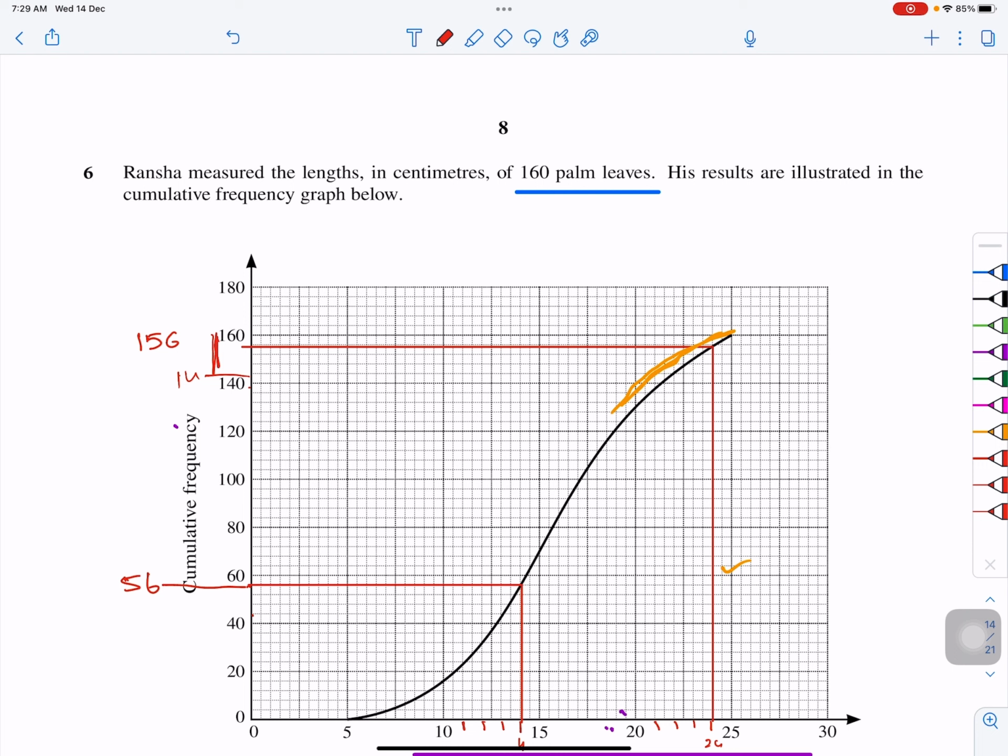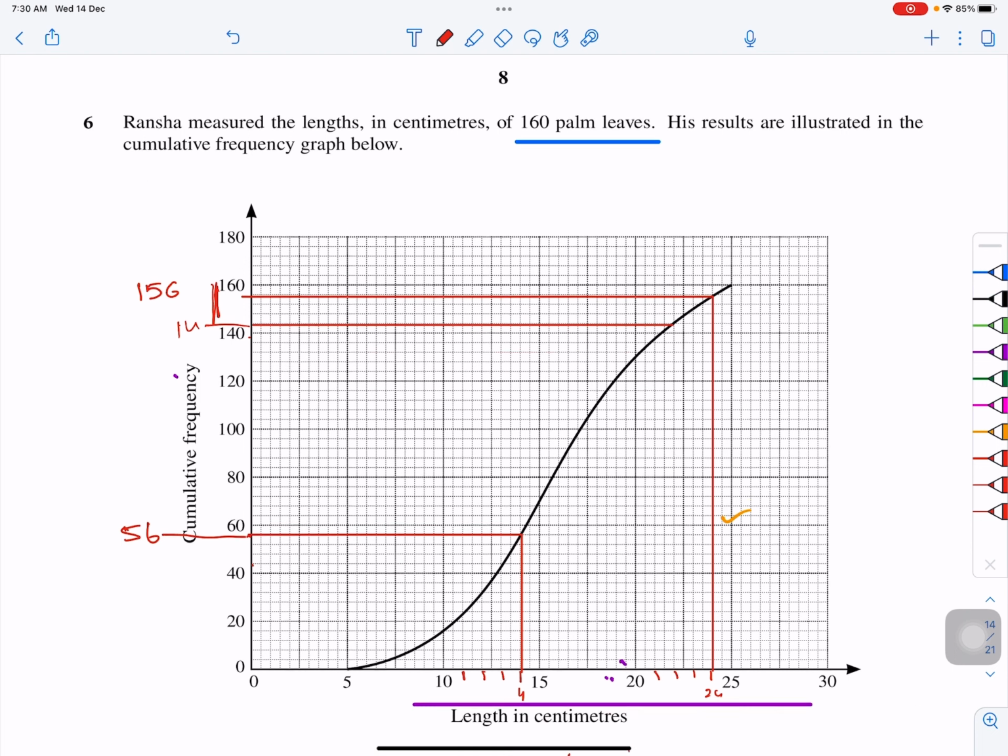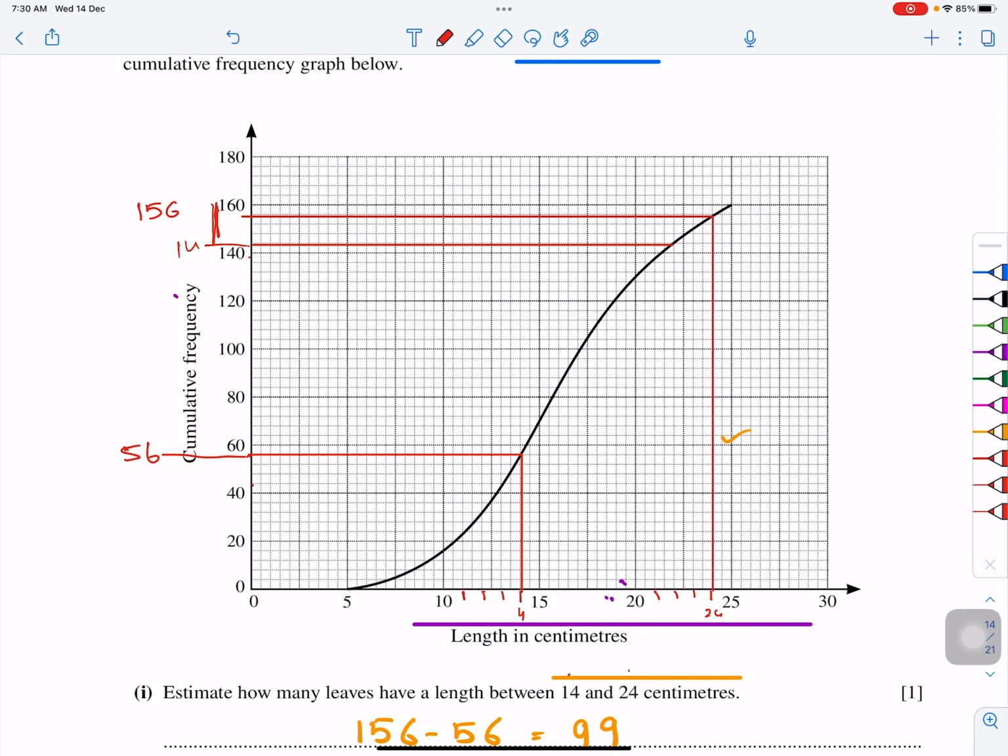So I will go and check there. Let me erase this also. Okay, so now at 144 I will draw a line here. Okay, and then I will go down all the way. Not straight, let me try to draw a line exactly straight.